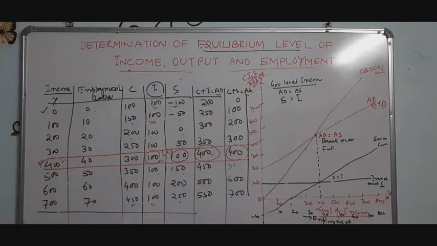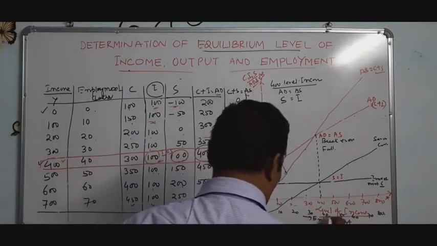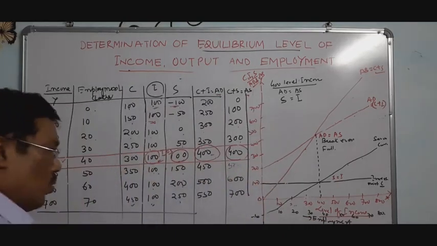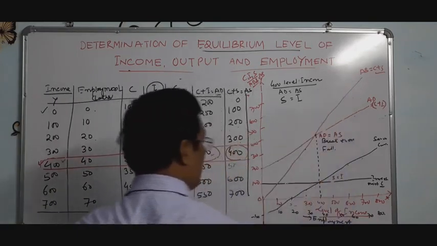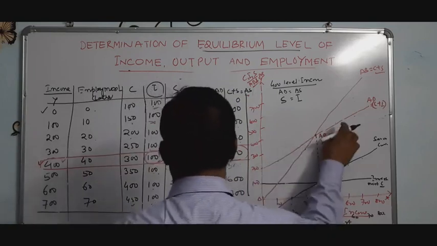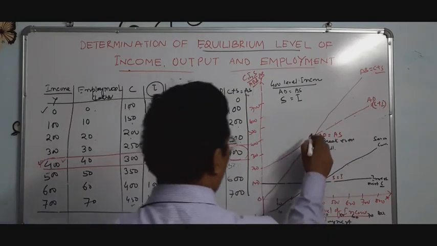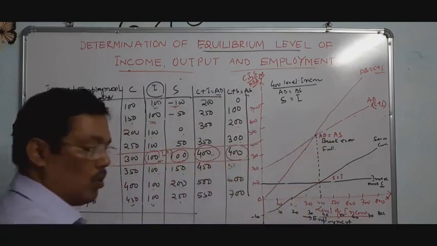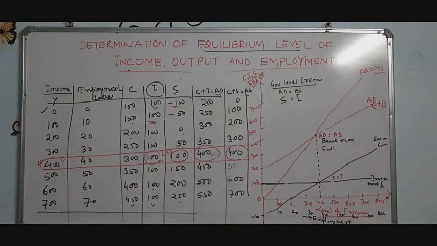It means 10, 20, 30, 40, 50 lakh, 60 lakh, the employment is going on increasing. Aggregate supply is increasing. Aggregate demand is also going to increase. So at the level of 400 level of income, AD equal to AS and saving equal to investments.